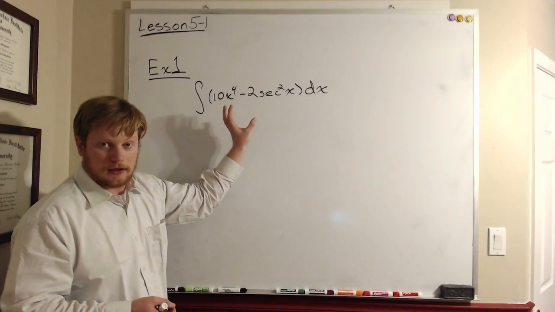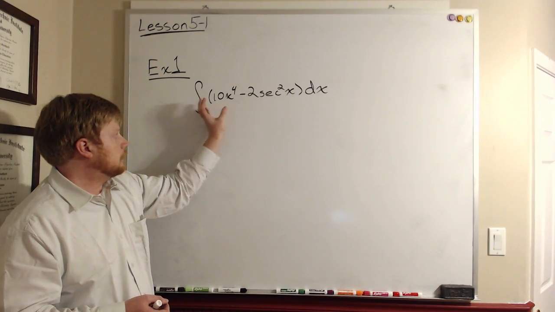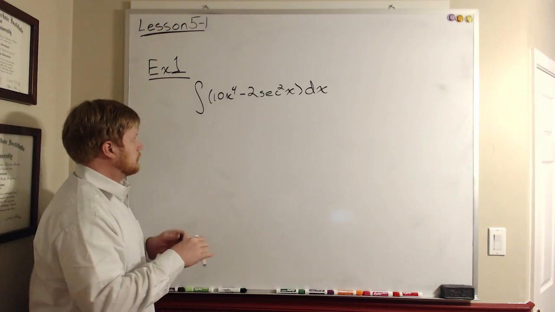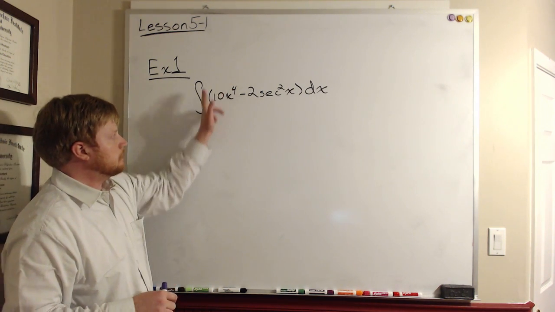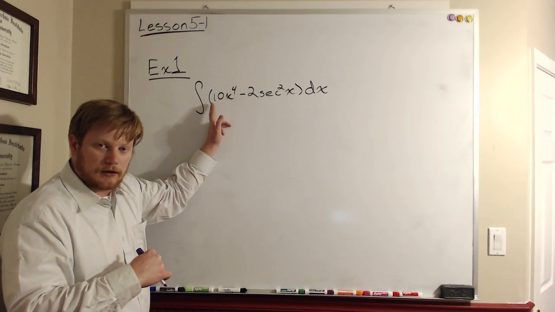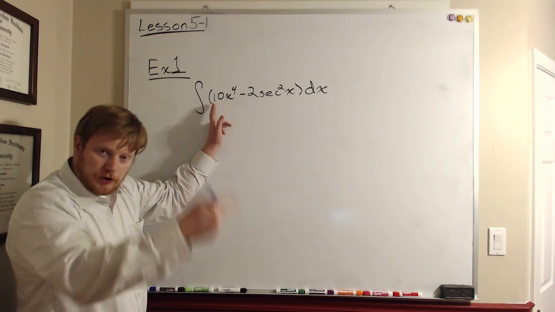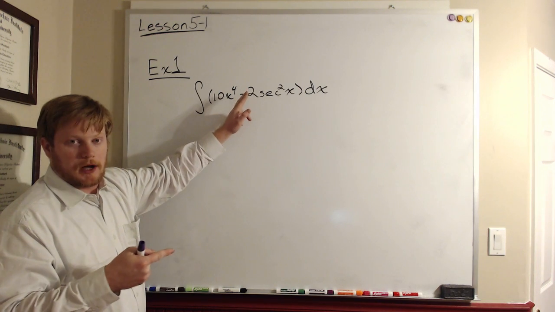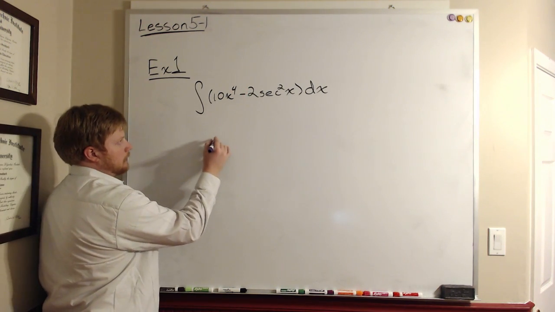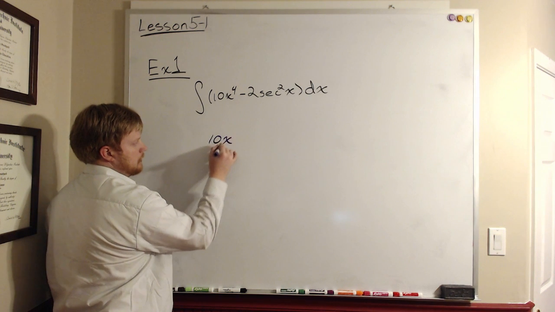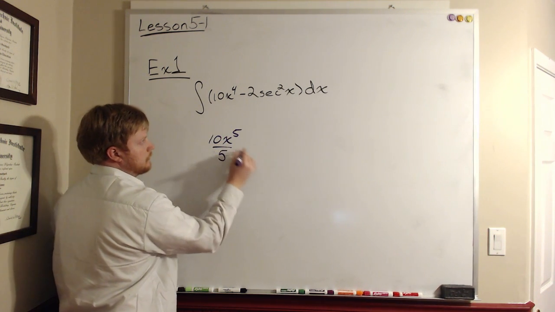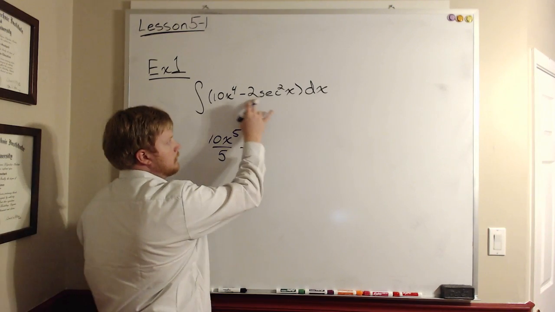So what we're going to do for the first piece is the power rule in reverse. Instead of multiplying by the current exponent and decreasing it by 1, we're going to increase the current exponent by 1 and then divide by the new exponent. So we get 10x to the 5th over 5 minus.